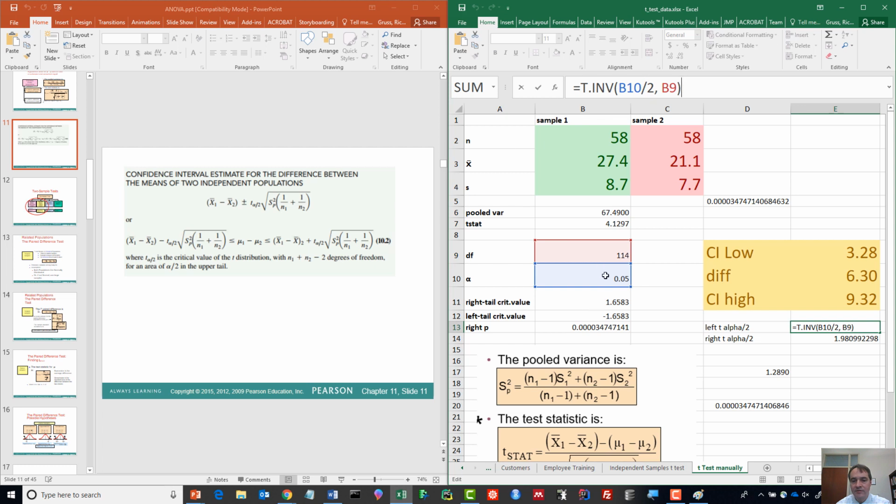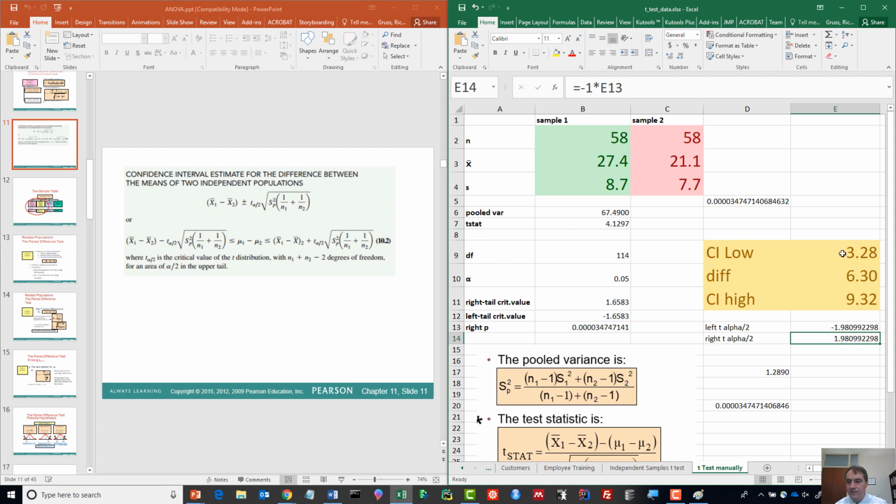So the stated alpha for my version of the problem is 0.05, and I cut that in half, and then I put in the degrees of freedom. So remember that these functions accumulate from the left, and they give you the critical value on the left. So that is going to be the left critical value, and so the right one is just going to be the positive version of that. So in this cell, I'm just multiplying by -1 to flip the sign. Okay, so that's where the t alpha over 2 part of this comes into play.